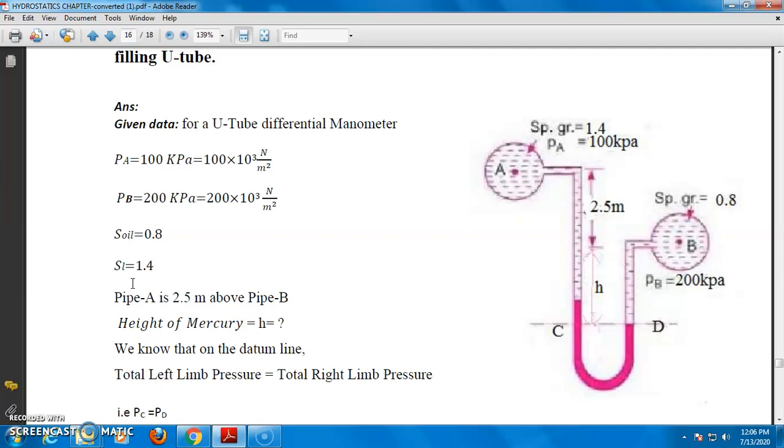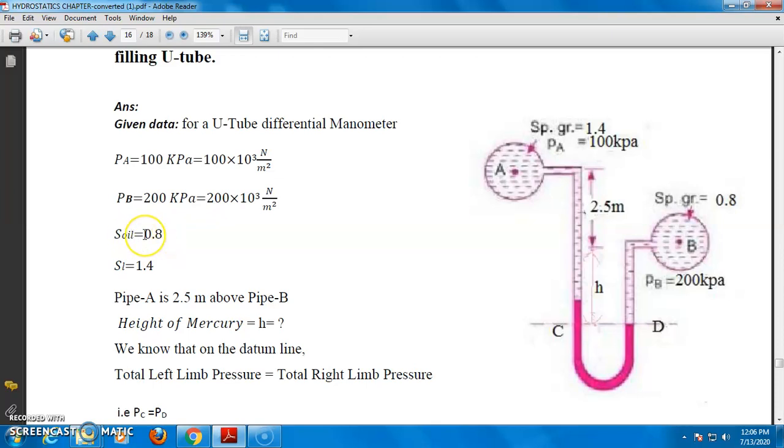So first you have to convert all the specific gravities to the density of the fluid. The specific gravity of the oil is 0.8, so the density of the oil is 0.8 into 1000, which is 800 kg per meter cube.